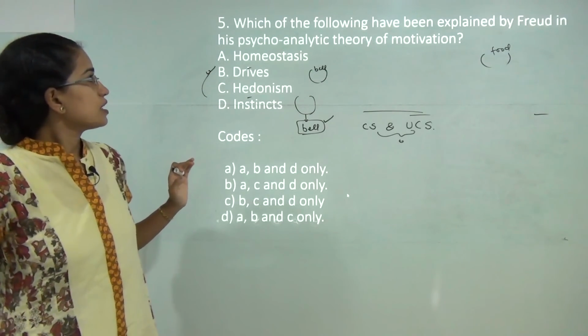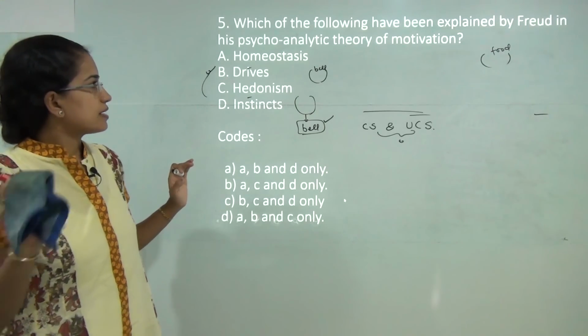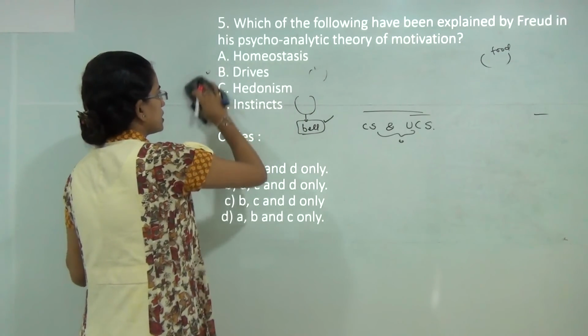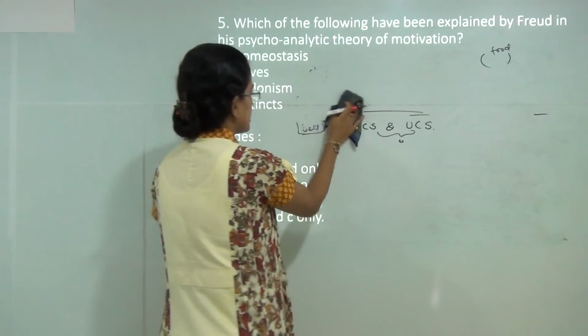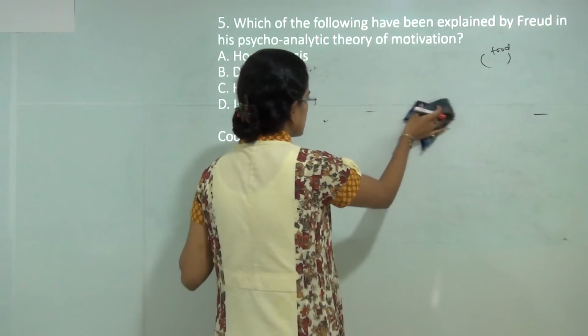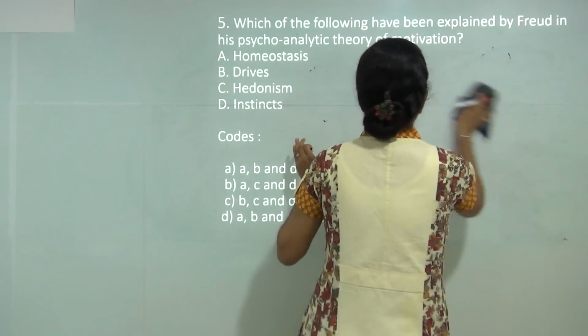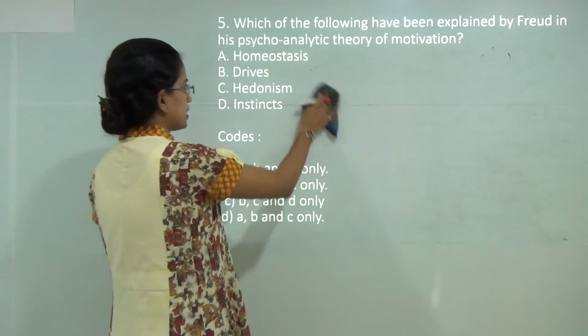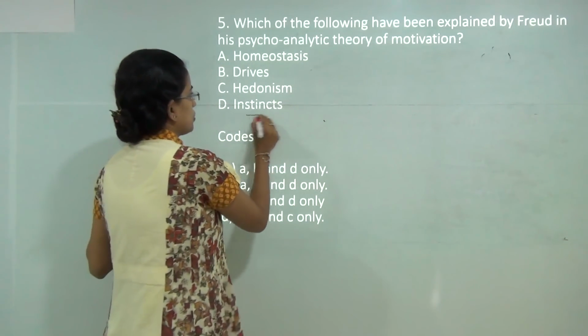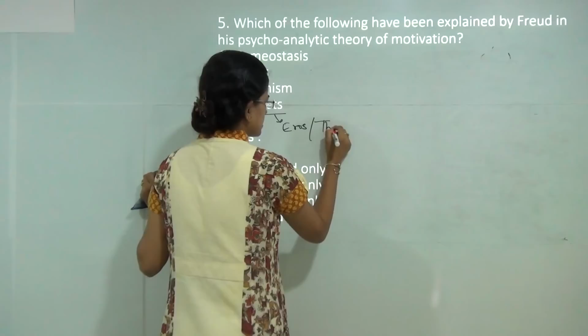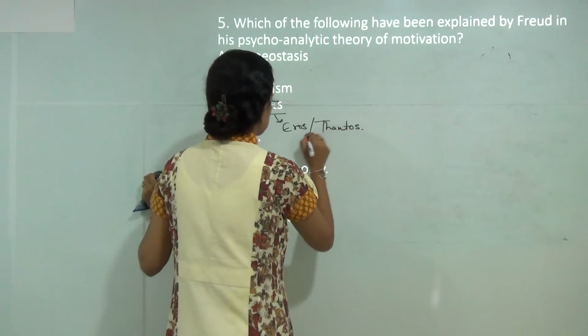Next question. Which of the following have been explained by Freud in his psychoanalytical theory of motivation? Freud in his psychoanalytical theory explains the life instincts and the death instincts. So we definitely know you have instincts here. That is something most of you were able to do correctly. You have instincts, eros and thanatos, the life instincts and the death instincts.